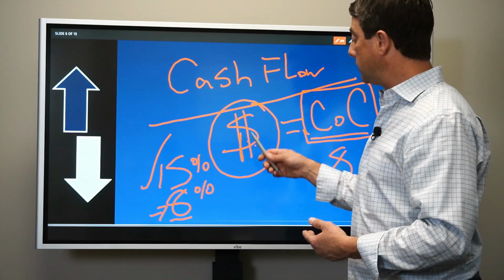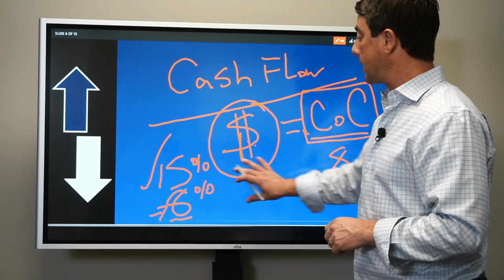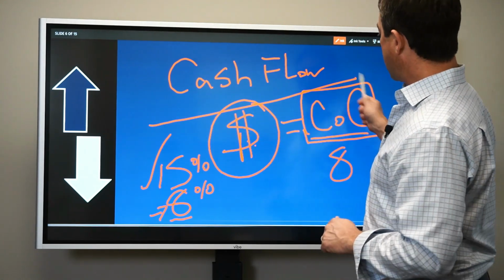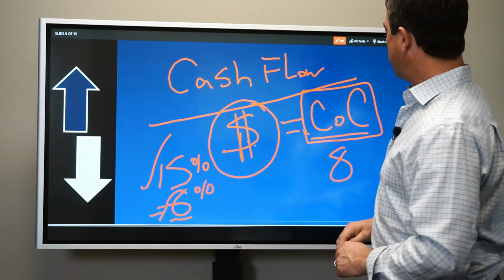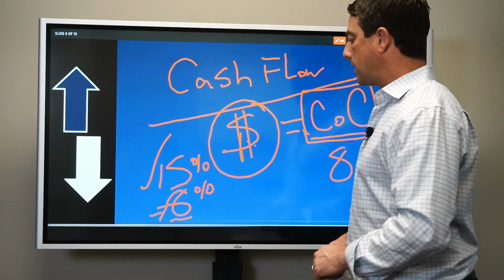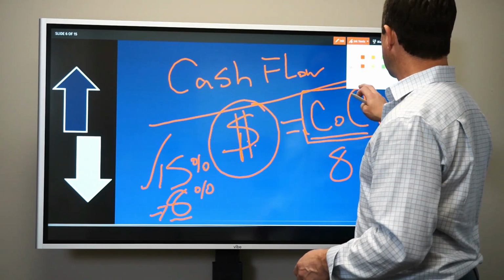Also, you would need to include in this number renovation dollars. If you're bringing money in to actually renovate a property, it would go in this number here as well. We're gonna do a cash on cash calculation, which is dividing cash flow by investment. We figure out what is our percent return, and that gives us our indication of whether we actually think this is worth doing the deal or not.